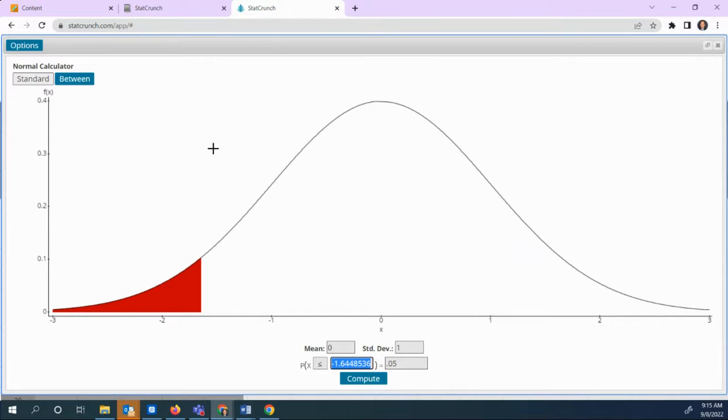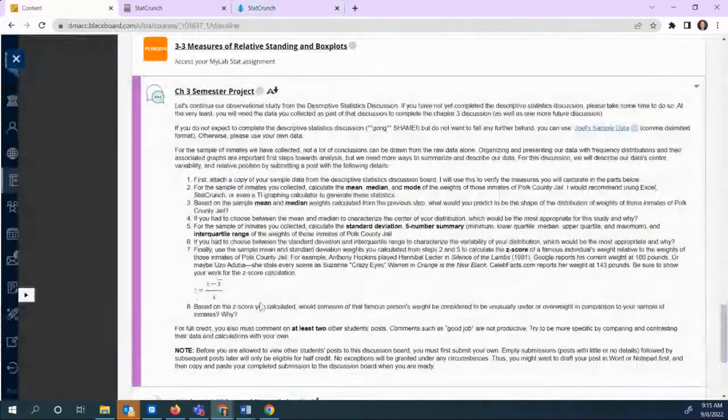So if I go back to my formula here, if I know this z-score and I know the mean and I know the standard deviation, what's the only thing I don't know? We need to know the percentile. Well, yeah. So if we say the cutoff for the bottom 5% is equal to negative 1.64, you could put negative 1.64 in there.